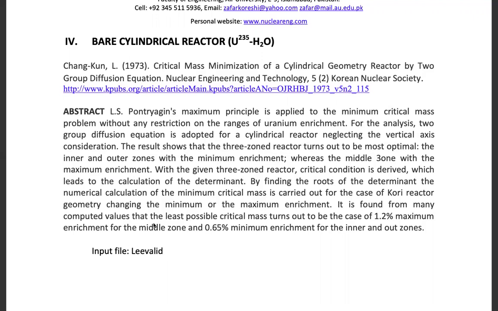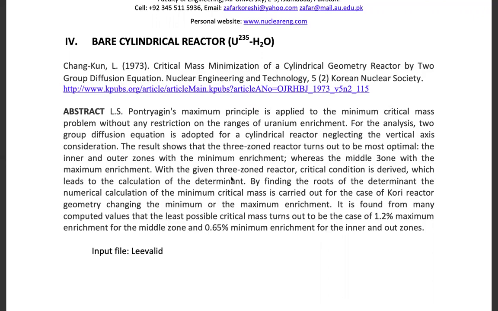The result shows that the three-zone reactor turns out to be the most optimal, the inner and outer zones with the minimum enrichment, whereas the middle zone with the maximum enrichment.